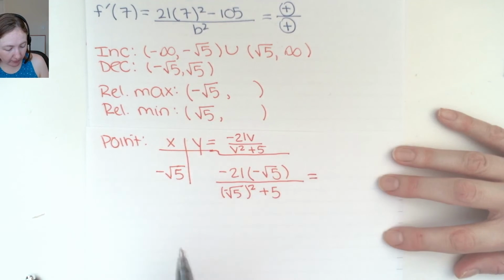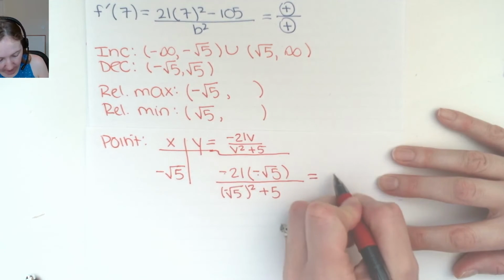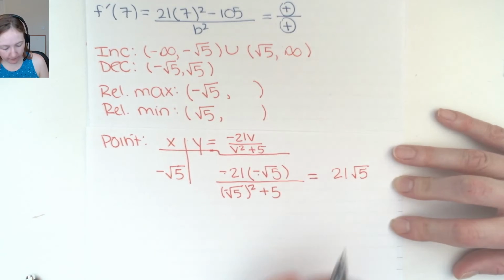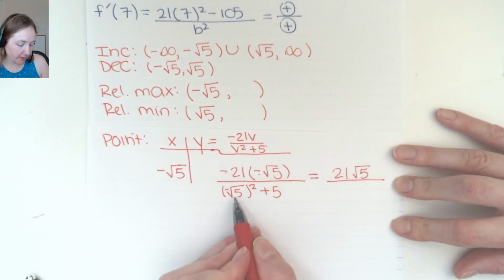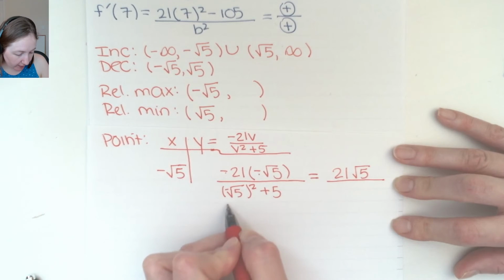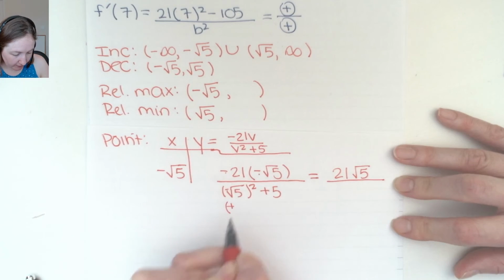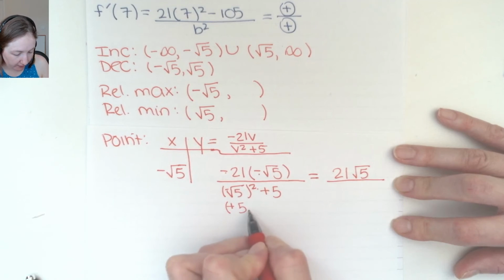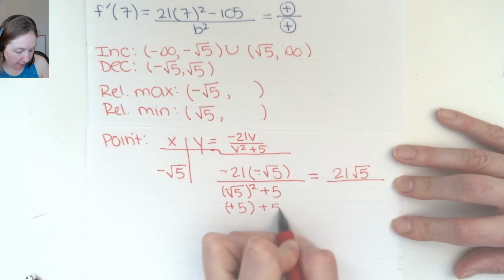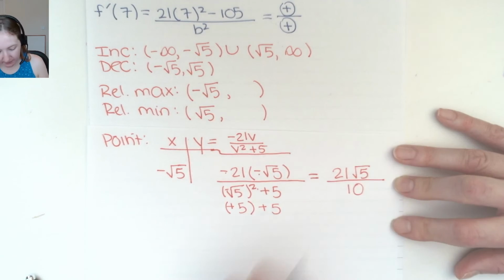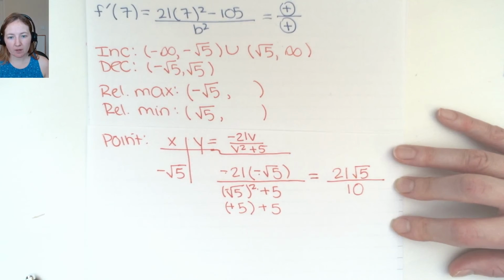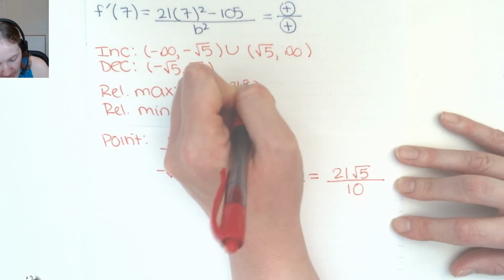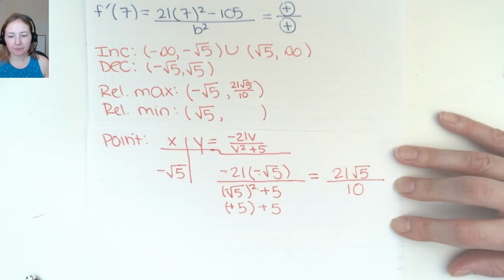So in the numerator here, when I have negative times negative, that's going to give us a positive 21 square root 5 over, and then in the denominator, I have negative squared, so that gives us a positive, and then the square root squared will give us a positive 5, and then plus 5. So that gives us 10 in the denominator. So the relative max point will happen at 21 square root 5 over 10.